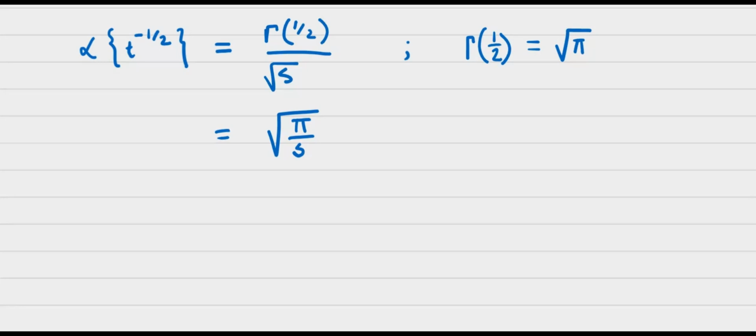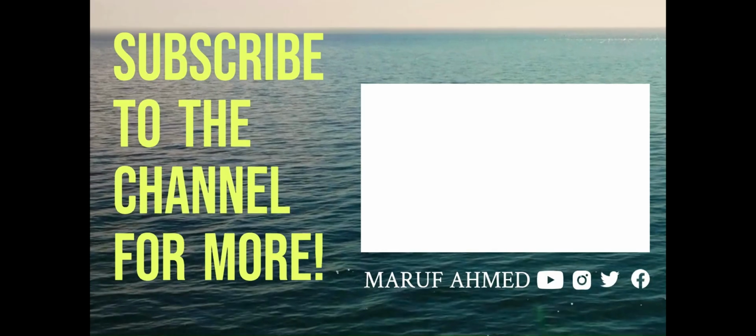If you want to understand what I'm referring to, please go to the previous video where I've spoken about the conditions of the existence of Laplace transformation. So this is one of those cases where we find an exception. Apart from that, this is the correct result.